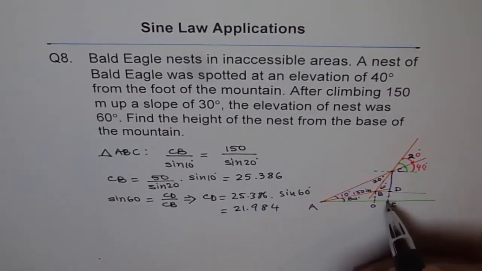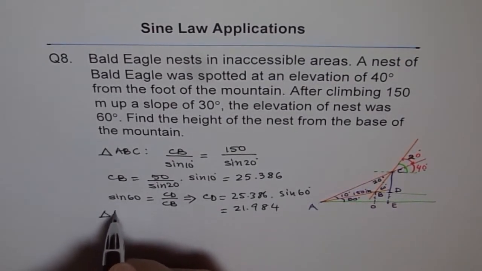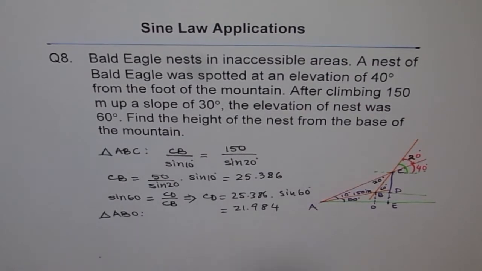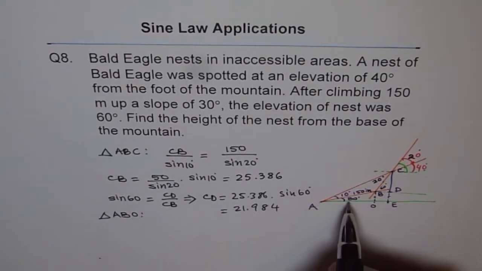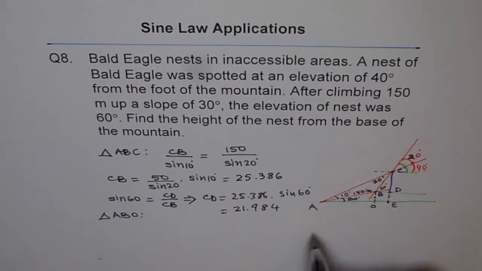To find DE, we can use the triangle ABO. So let's consider triangle ABO, correct? That is a right triangle where 30 degrees is the angle, hypotenuse 150. So we can again use sine 30 is equal to OB over hypotenuse of 150.